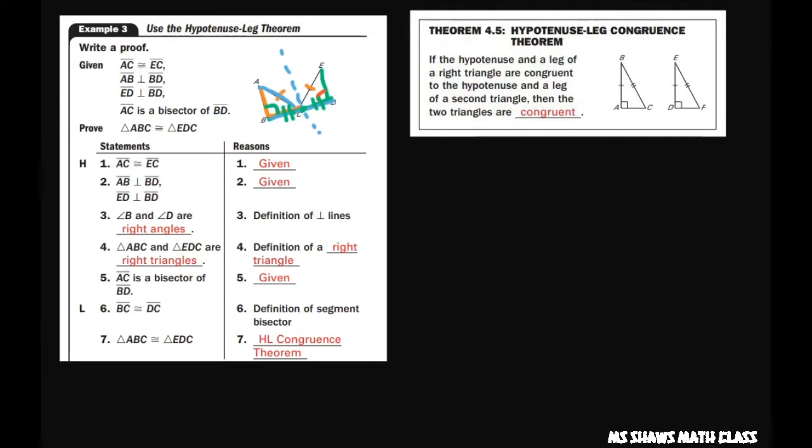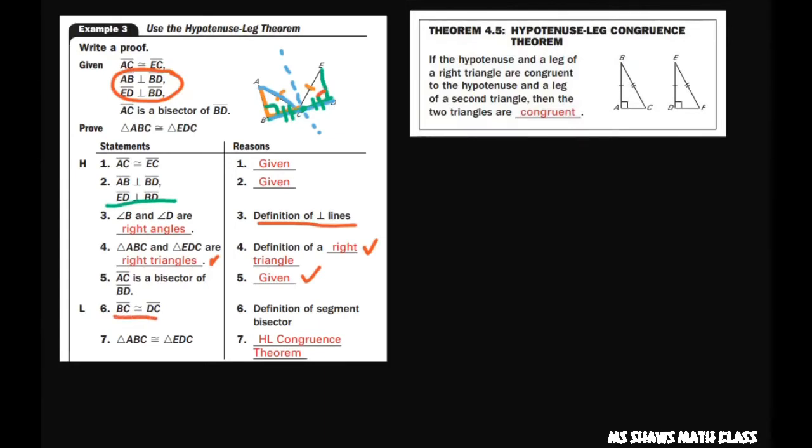So we're going to write the given. We know that angles B and D are right angles because of the definition of perpendicular lines. Triangle ABC and triangle EDC are right triangles because of the definition of a right triangle. It's given that we have AC as the bisector.